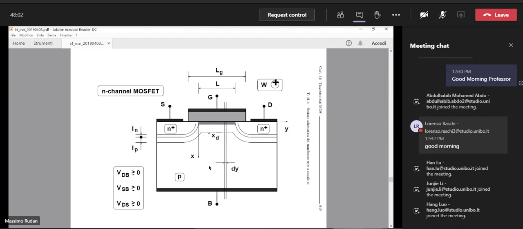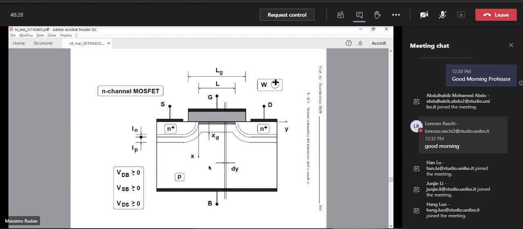VSB never negative, because the source junction as well should never go in direct bias. And finally, VDS larger or equal to 0 because we must distinguish between source and drain.